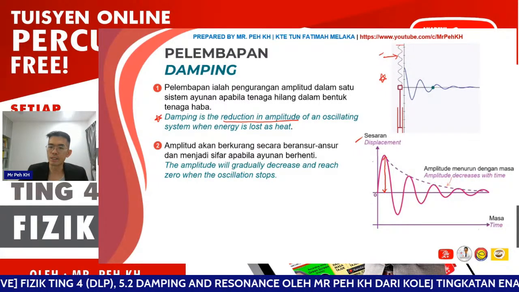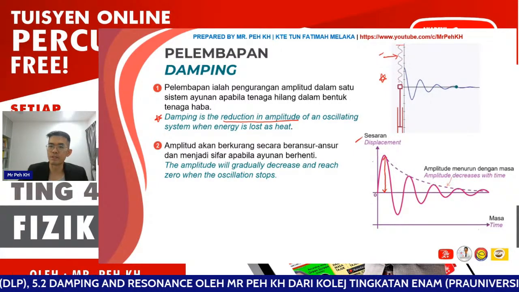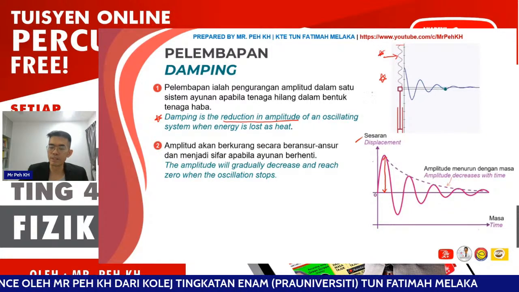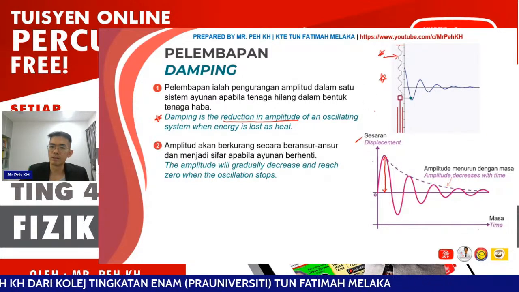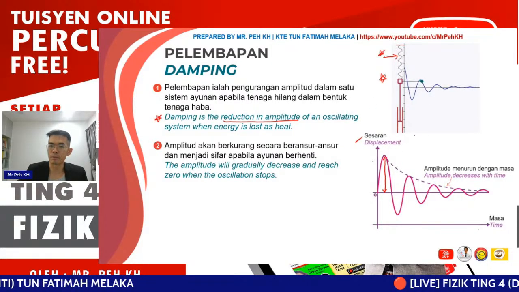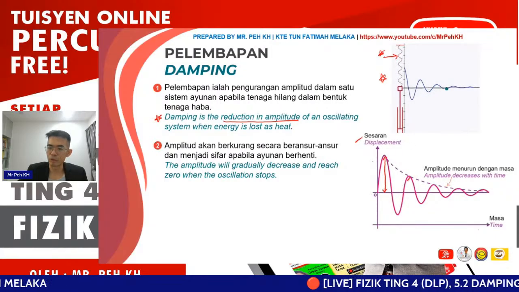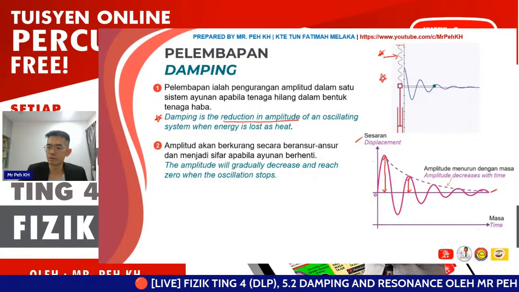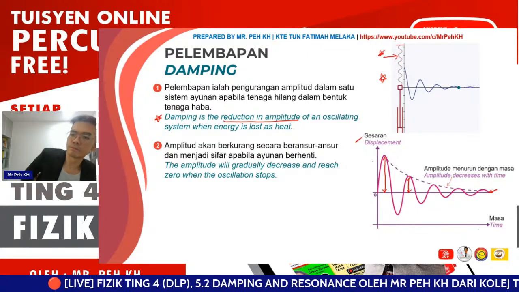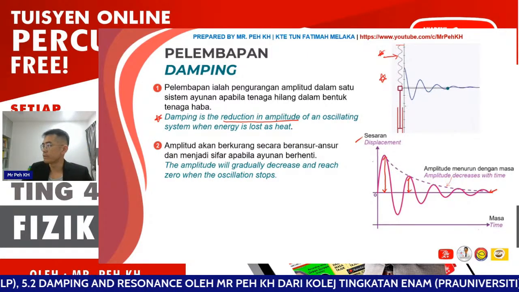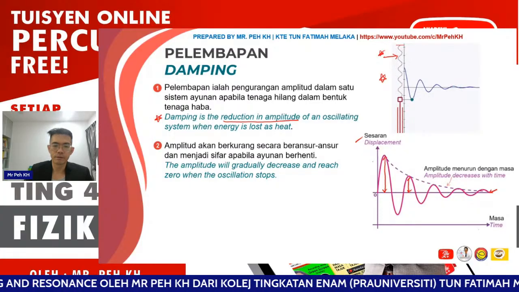Initially the amplitude is higher, that means the loaded spring is displaced at a higher displacement. Then the amplitude becomes smaller and smaller until zero, where the loaded spring will stop.